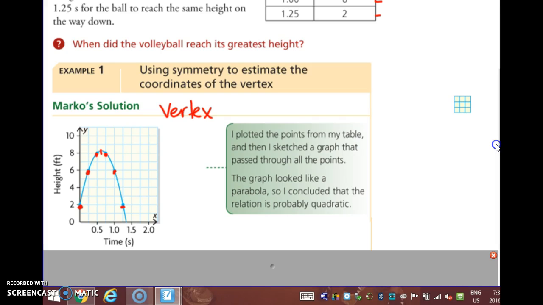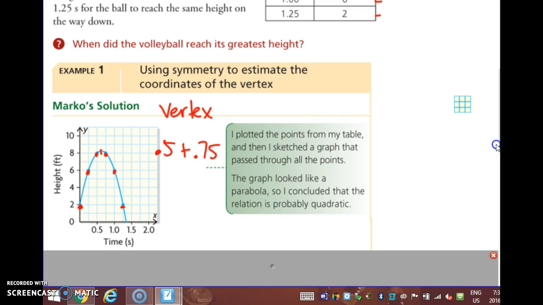So, if we want to find the maximum height, we know that between 0.5 seconds and 0.75 seconds, it was at 8, and then it starts descending down. So in between here should be our amount of seconds where it reaches the highest point.